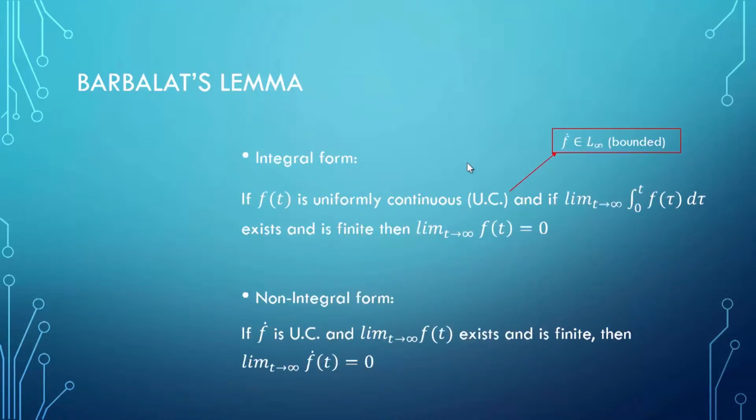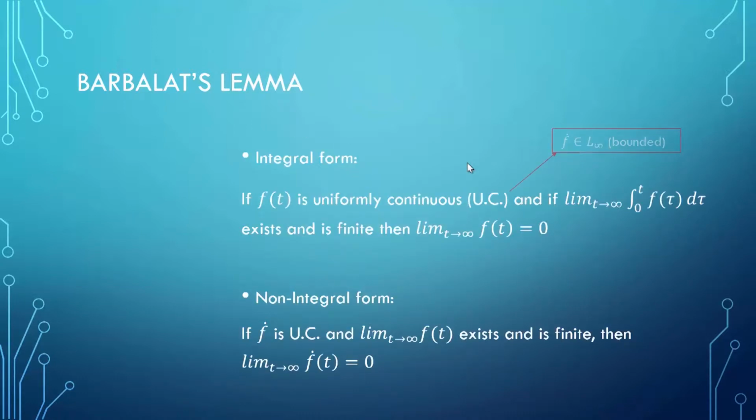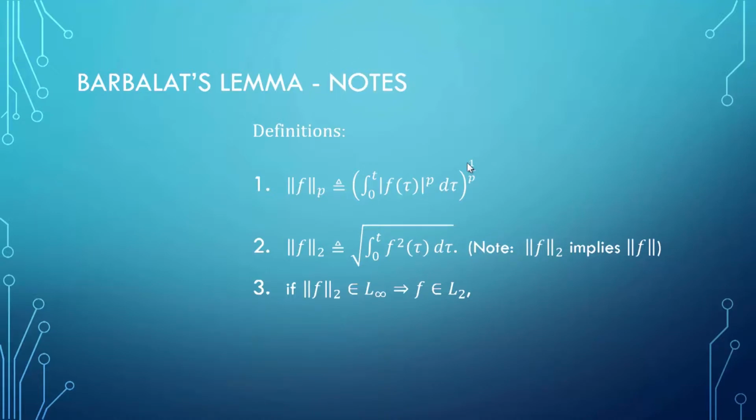The definition for the L norms is, for example, for L2, we say a function is L2 if the second norm is bounded.